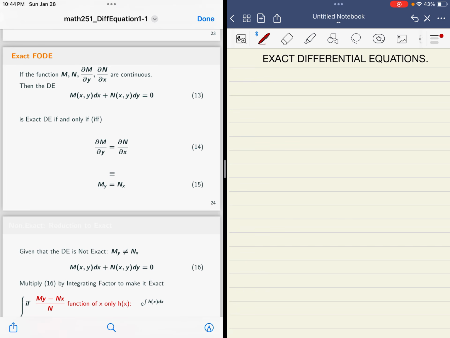So, exact first order differential equation. So, what do we mean by exact?